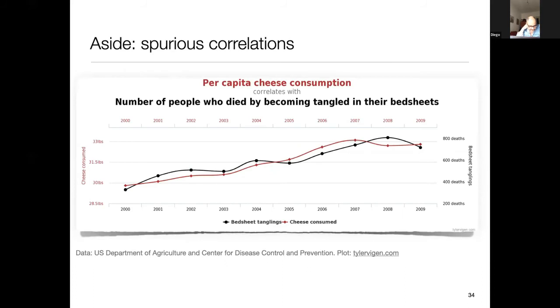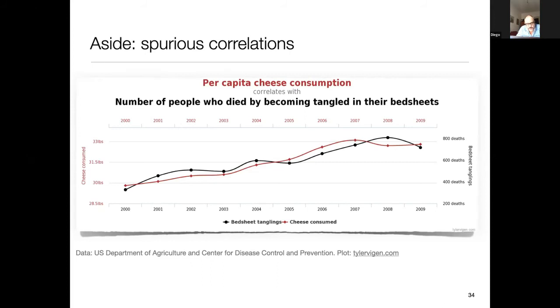And there is a website where there are all kinds of coincident correlations, which are very, very funny. For instance, here you can see along 10 years that there is a very strong correlation between the number of people who died by becoming tangled in their bedsheet and the per capita cheese consumption.